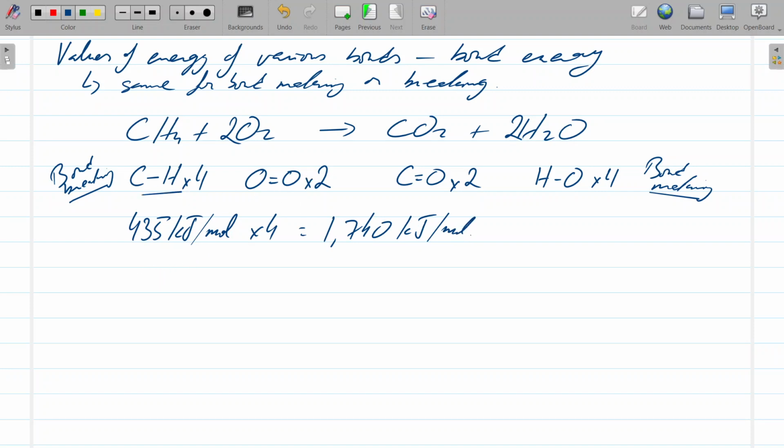Then for oxygen, it's 497 times 2, which gives me 994 kilojoules per mole. And so the total bond breaking energy is 2734 kilojoules.